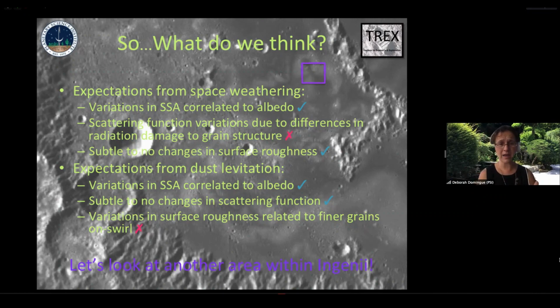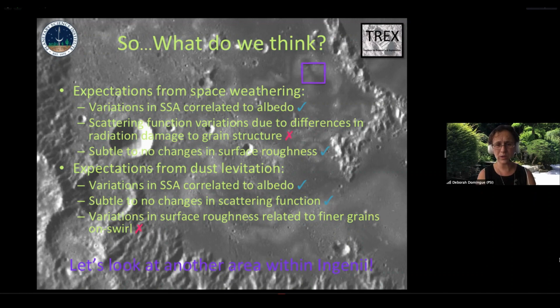And as far as surface roughness, we don't expect space weathering to change the surface roughness, but we would expect to see it in dust levitation because you would have a finer grain component being overlain on the topography of the coarser grains. So we have some pros for both and some cons for both hypotheses.